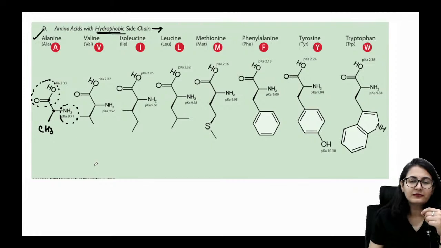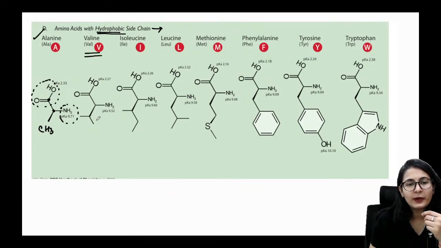Yes or no? Everyone has seen Evans oxazolidinone? So where are you getting that Evans oxazolidinone from? You are getting it from valine. Yes, isopropyl group.